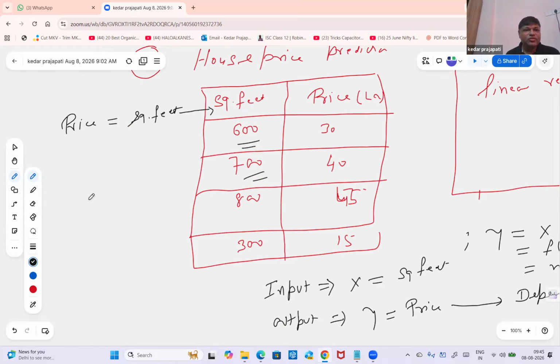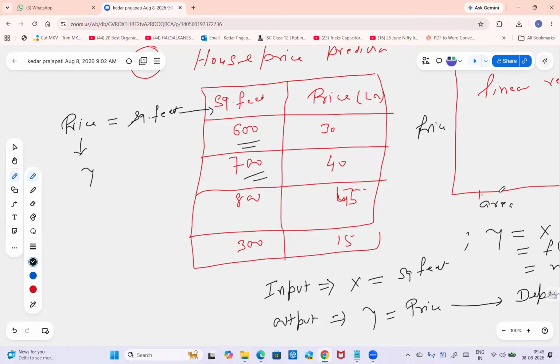So when you are drawing the model, you will say that price is a function of square feet, means area. Price will come on the y-axis, and on this side area will come, square feet.